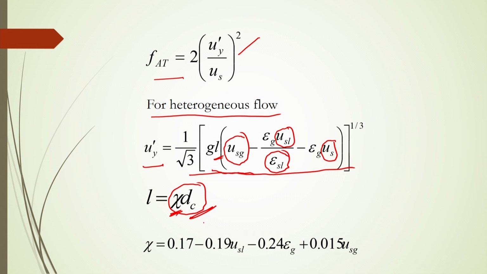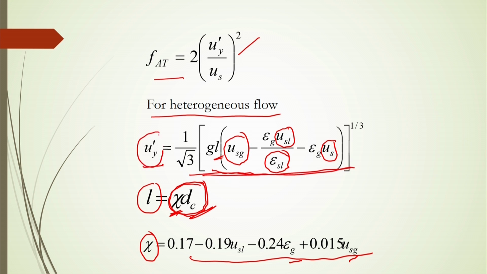This lambda is a parameter which is a function of again the slurry velocity, and then the volume fraction of the gas and the gas velocity. So, from this correlation you will be able to calculate this lambda value, and from which you will calculate this mixing length inside the bed, and from this mixing length you will be able to calculate the fluctuating velocity or friction velocity.